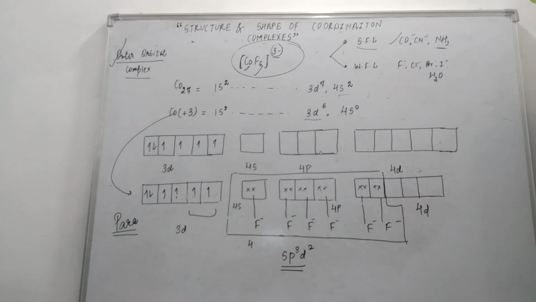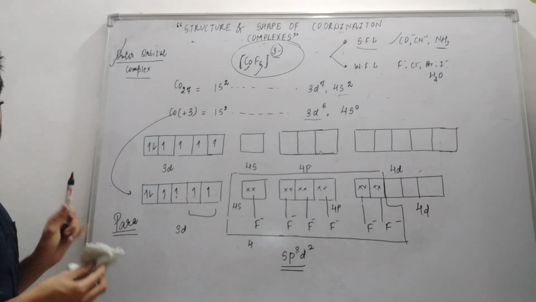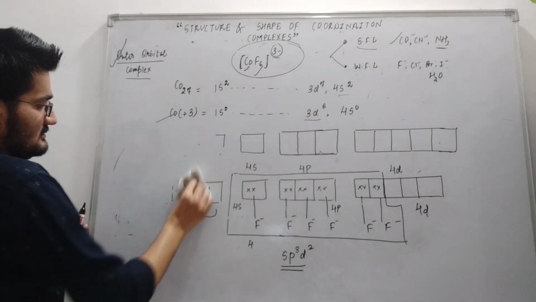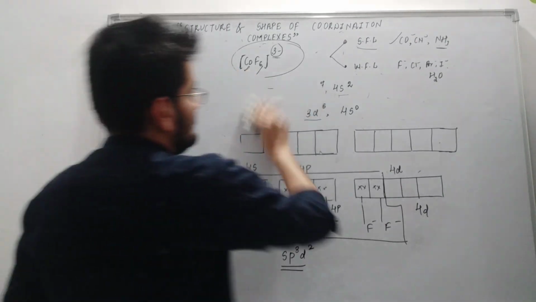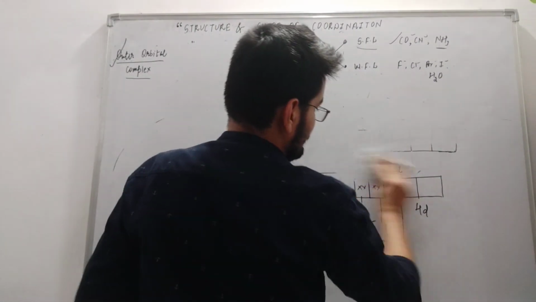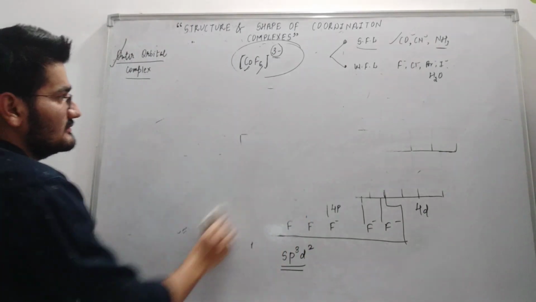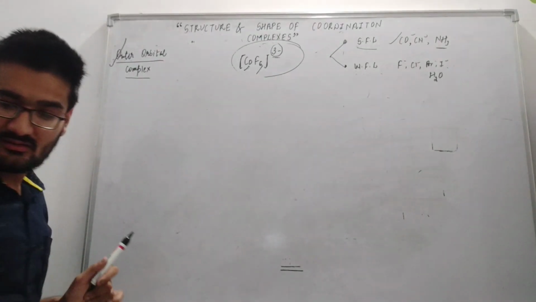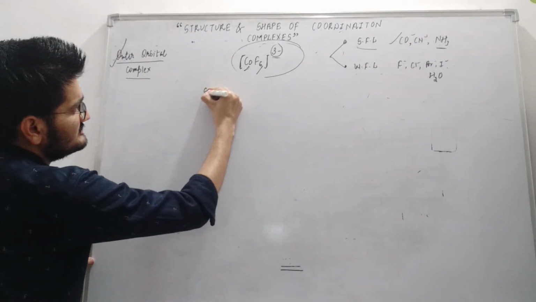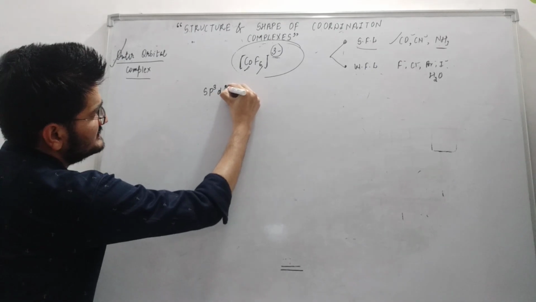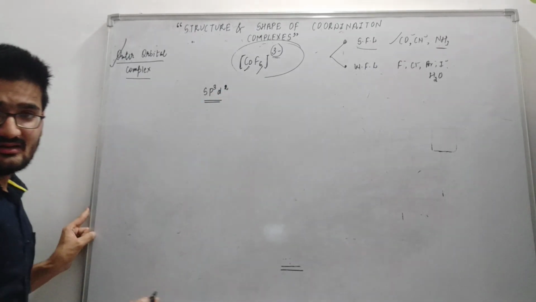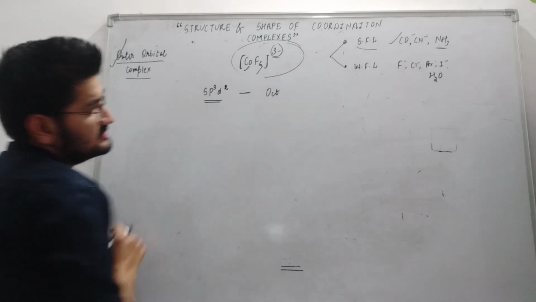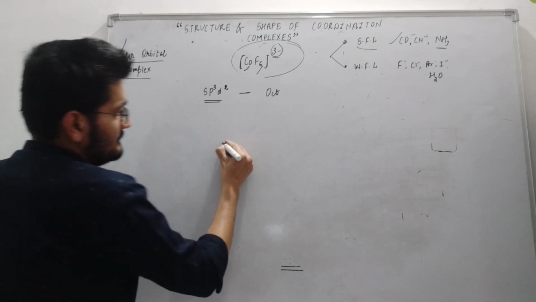Okay. Now in the last step we have to show the diagram for this complex. So if the hybridization is sp3d2 or d2sp3, we have already learned in 11th class that the shape or geometry will be octahedral. So you have to follow the octahedral structure.